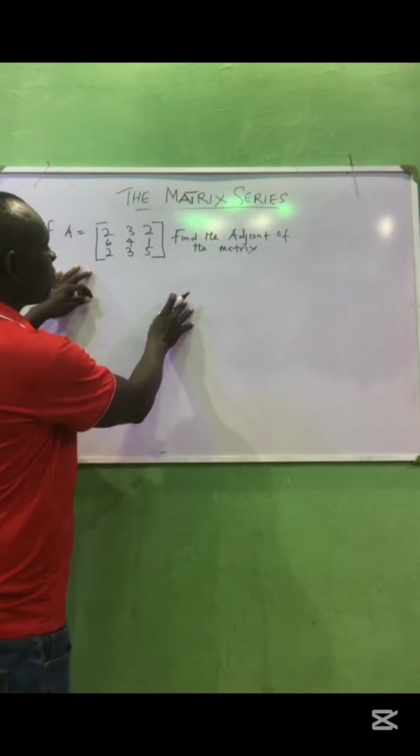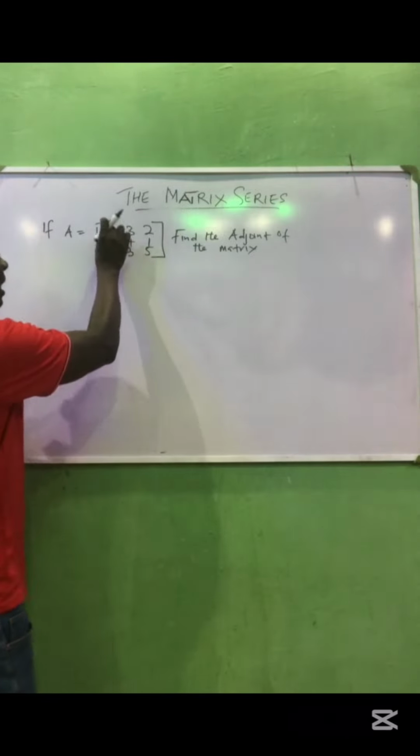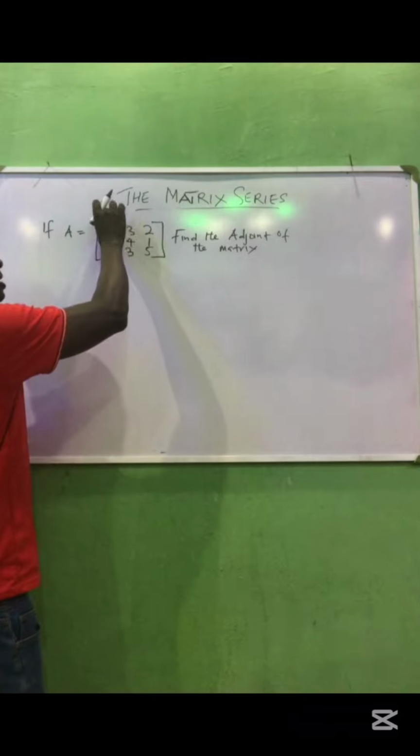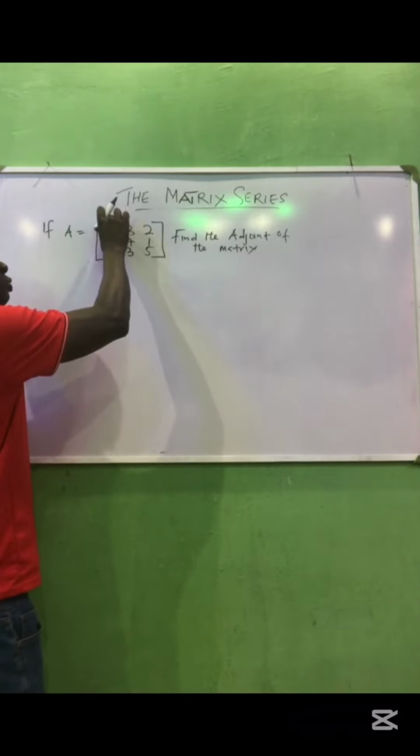Okay, now let's take a look at this matrix. For us to find the cofactors, let us know that this first element is in the first row, first column.